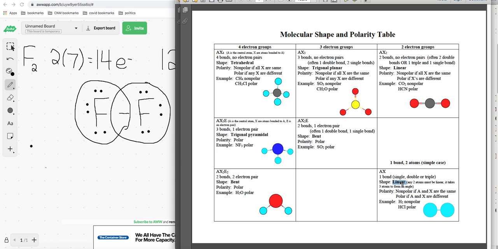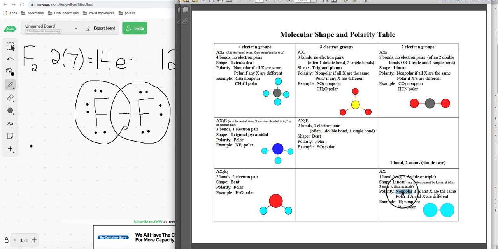So that's it for finding the shape. That's all you have to do for this one. If it is also asking for the polarity, then go down here to the polarity. And polarity means, does it have a plus and a minus end, or is it evenly shared, plus or minus? And so nonpolar means it's evenly shared.